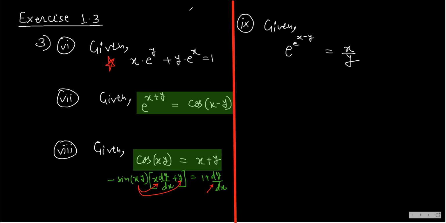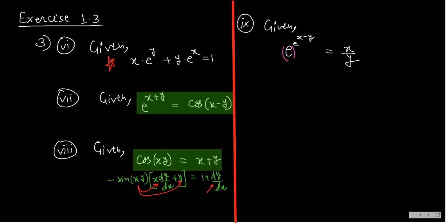I'm going to solve this question for you, which is e raised to x minus y. This is the ninth one. e raised to x minus y equals x upon y. Now here what I notice is I have power of e as e raised to x minus y.